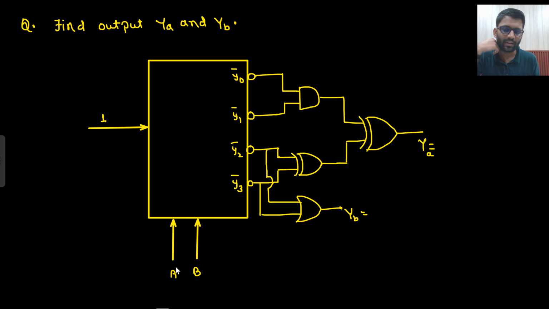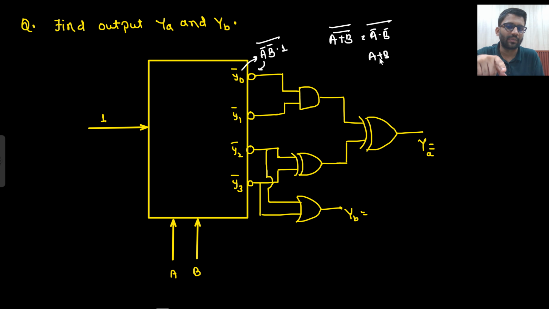If a bar is not there and b bar is not there, then 1 would come. But I need to take the bar because the inverter is added. So a bar dot b bar, whole bar, would be a plus b, because a plus b bar is equal to a bar dot b bar, and then another bar is there, so it would be a plus b. So here I have a plus b.